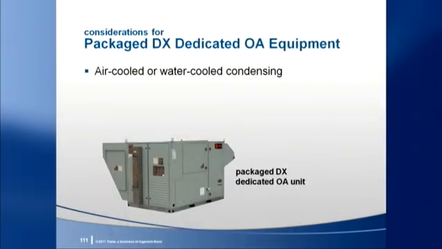There are system design decisions which shape the configuration of a DX dedicated outdoor air unit beyond that of just being a packaged unit or a split system, compliance with Standard 90.1 being one of them. Another is the choice of heat rejection sources, either air-cooled or water-cooled. For example, if the space equipment will be water source heat pumps, the water loop may be a good choice for heat rejection.